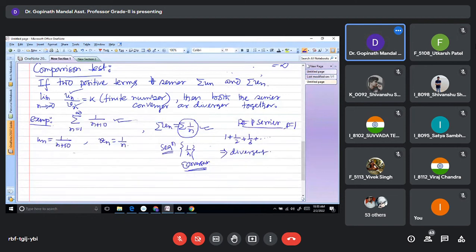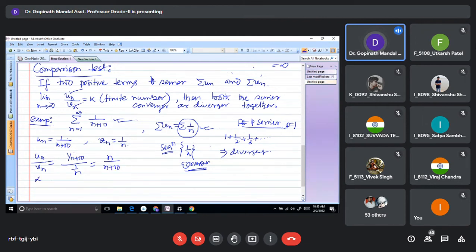Okay, now the ratio un by vn is equal to 1 by n plus 10 divided by 1 by n, which is n by n plus 10.